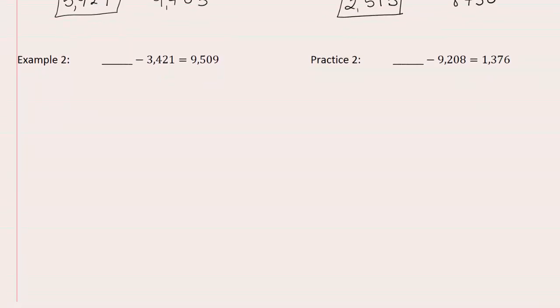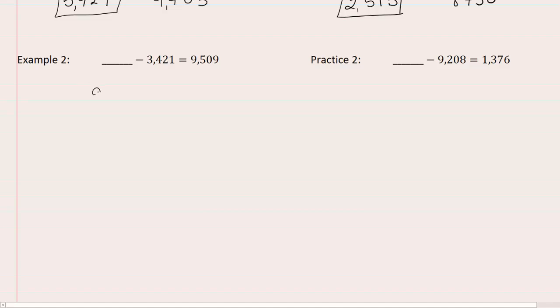Example number 2. My missing value is the first thing. So this one says I have some value and I take something away from it to get a total. So if I had something and take away to get a total, to figure out my missing piece, I can just add in what I took away to get my original number.